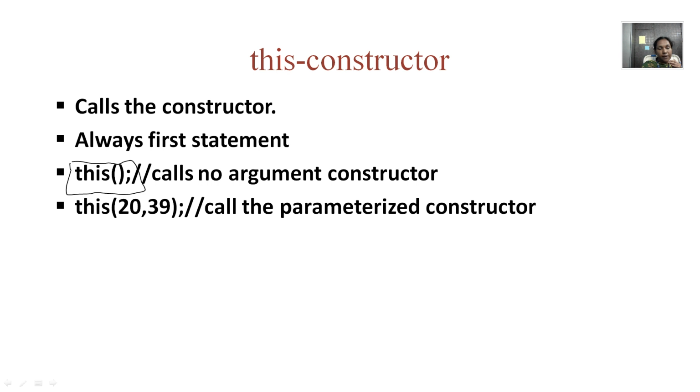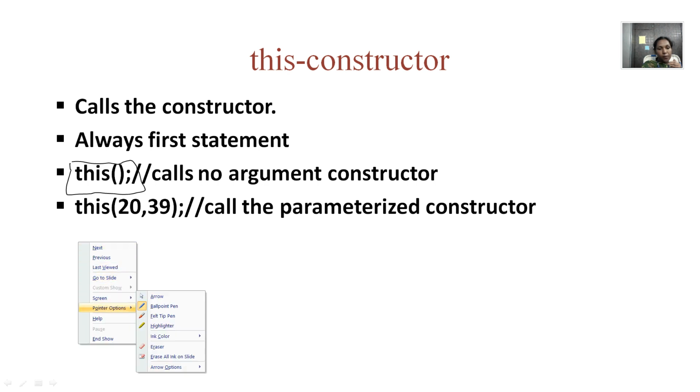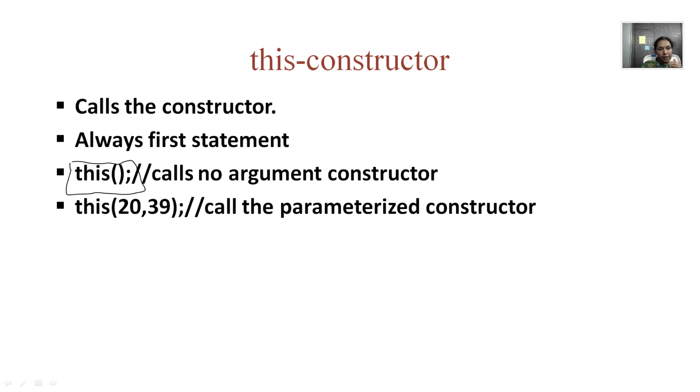If your class has a constructor without parameters, it will be called by this of parentheses. This of 20, 39 indicates a call to a constructor having two integer parameters. That constructor will be invoked by this of 20, 39.